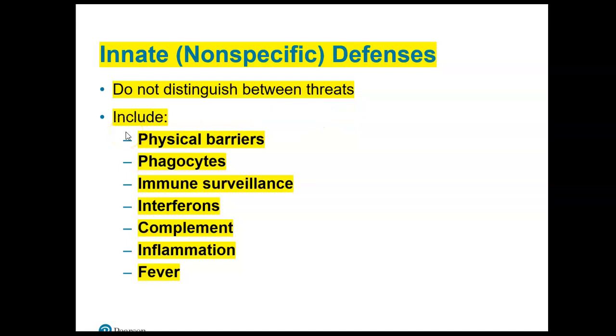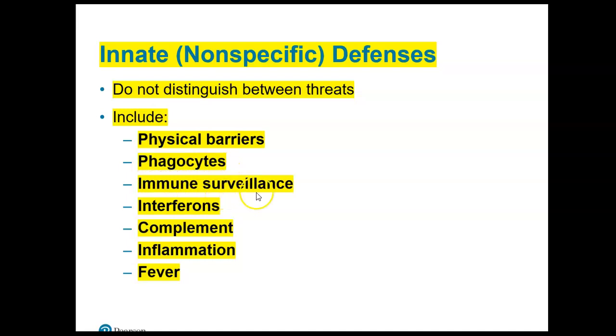So the innate defenses include physical barriers like skin and hair, and phagocytes. Macrophages and neutrophils are white blood cells that are phagocytes that will engulf foreign substances, foreign pathogens, but not in a specific way, just anything foreign.